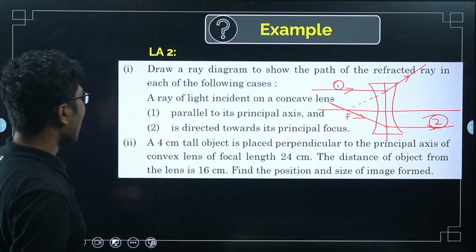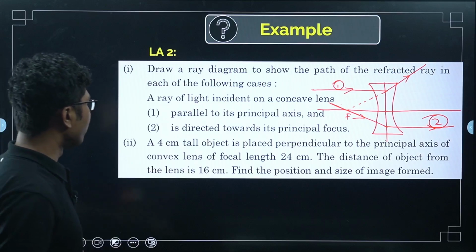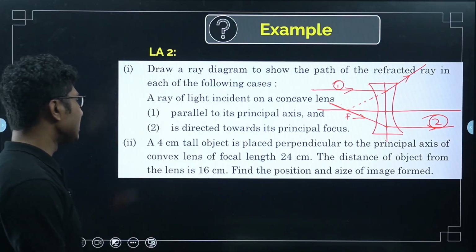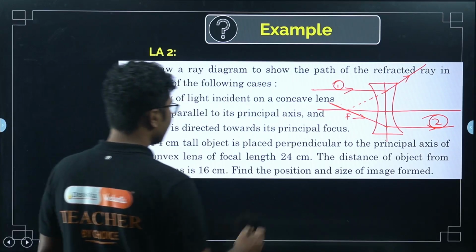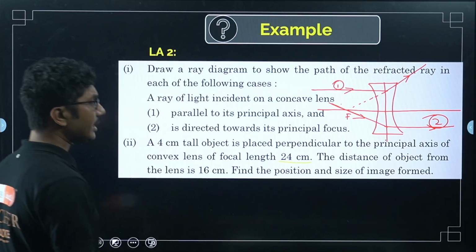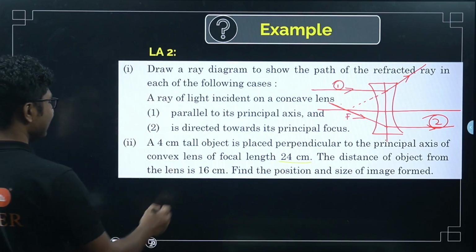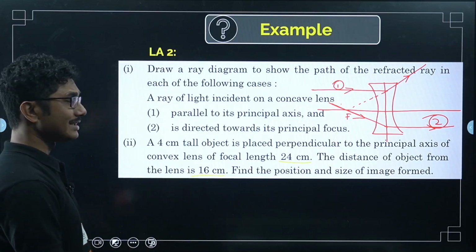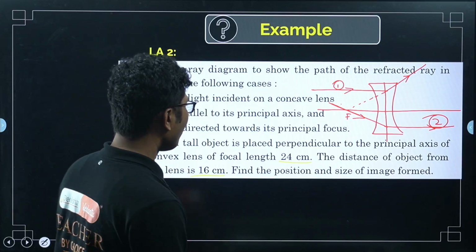Now the important problem that I am going to solve is this. A 4 centimeter tall object is placed perpendicular to the principal axis of a convex lens of focal length 24 centimeter. The distance of the object from the lens is 16 centimeter. Find the position and size of image formed.